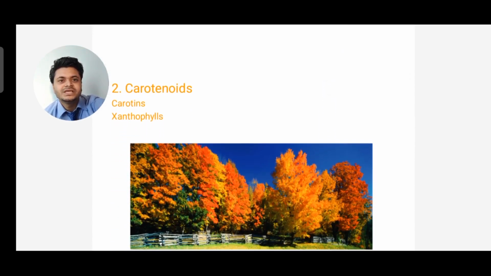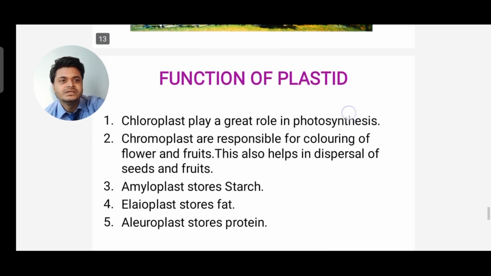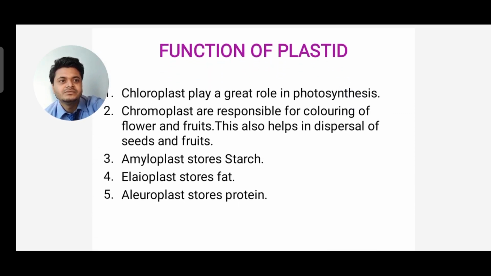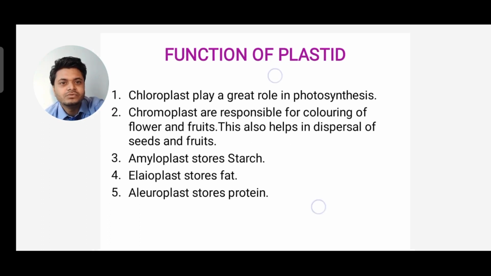Now carotenoids contain carotene and some xanthophylls, the different colors you can see. Now at last I come to the functions of plastids. The first function is that chloroplast plays a great role in photosynthesis.